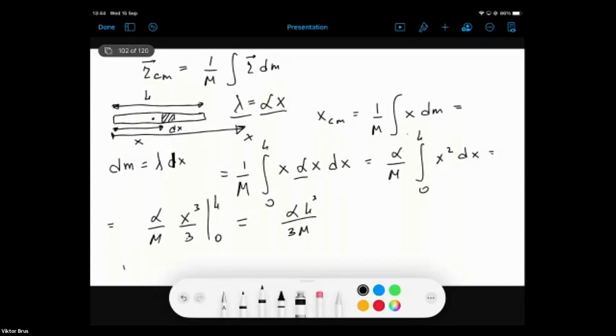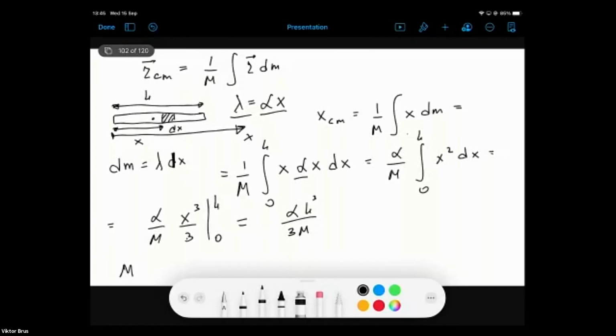Okay, now we need to substitute the total mass. Any ideas how we get total mass? Lambda multiplied by L. That would be correct if we consider uniform distribution of linear density, so what we did previously. However, here lambda is not a constant, it changes along the distance.